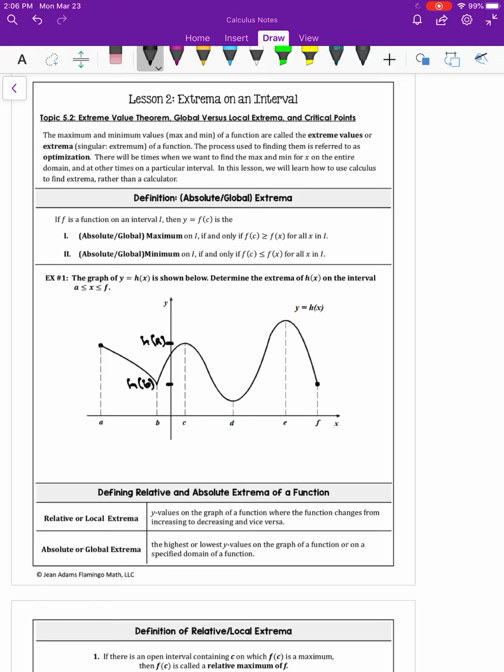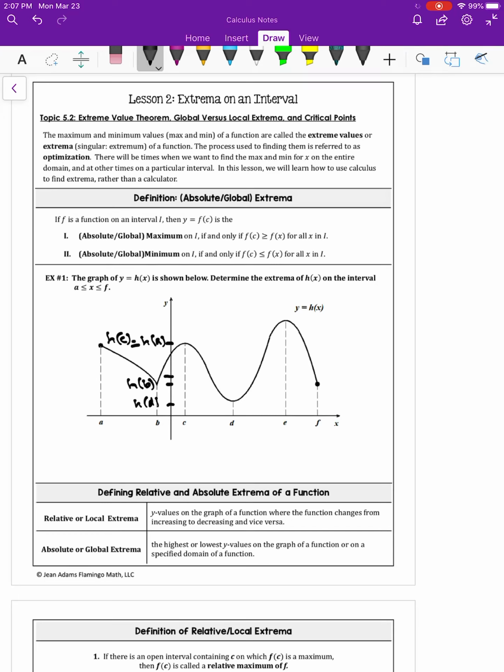This one right here would be your h of b. Follow this h of c over. It looks like h of c and h of a are about the same. And follow this point over here, and this looks like h of d.